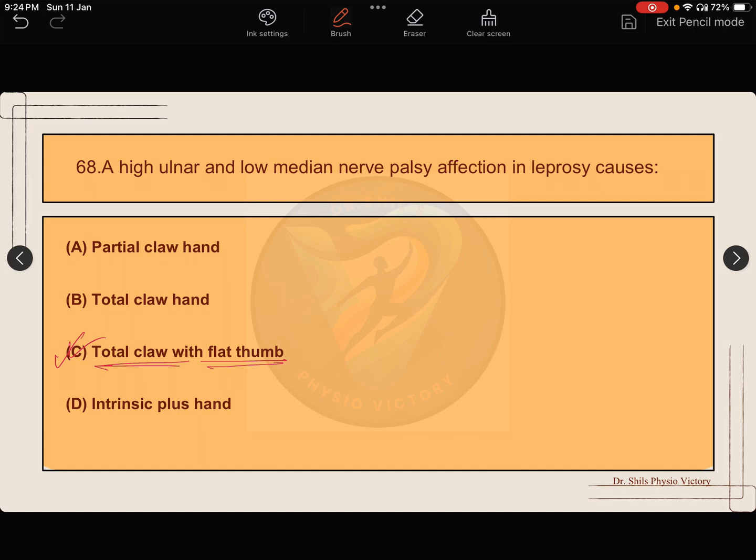Higher ulnar nerve palsy is above the elbow, or proximal, which leads to basically the ulnar nerve supplying most interosseous, hypothenar muscle, adductor pollicis, and deep head of the flexor pollicis brevis, and lumbrical 3 and 4, which results in complete clawing.